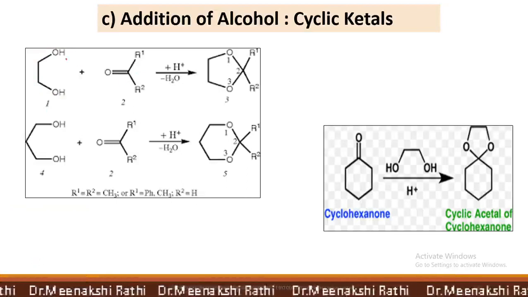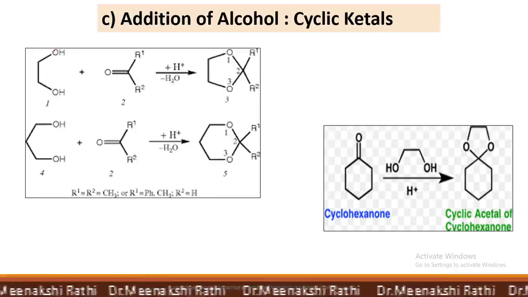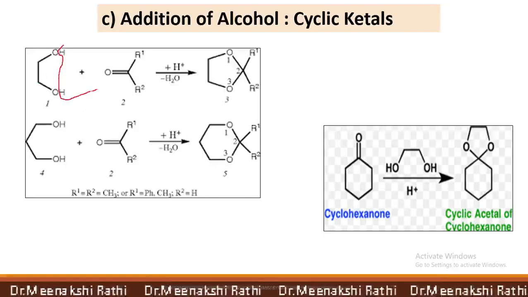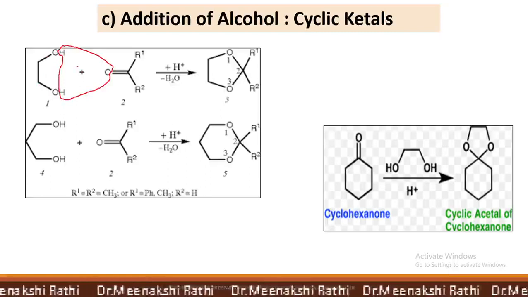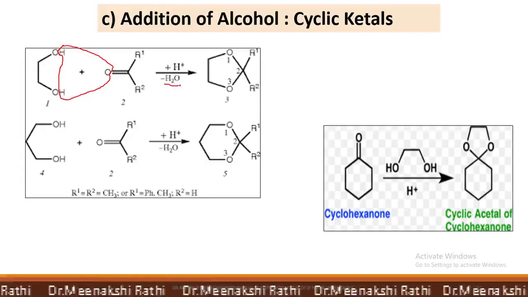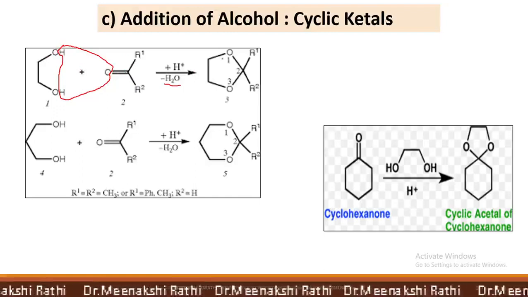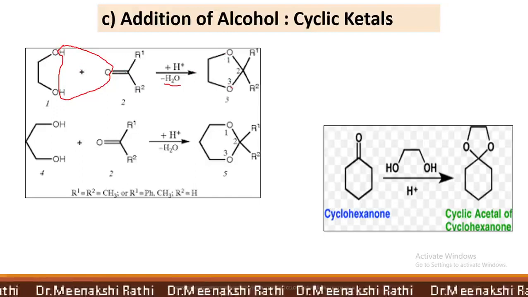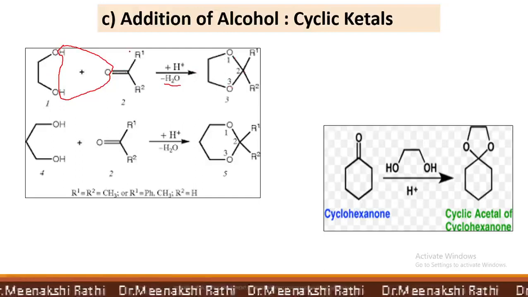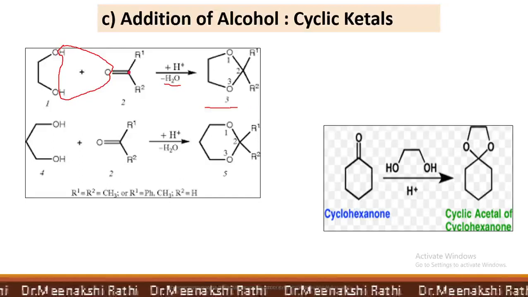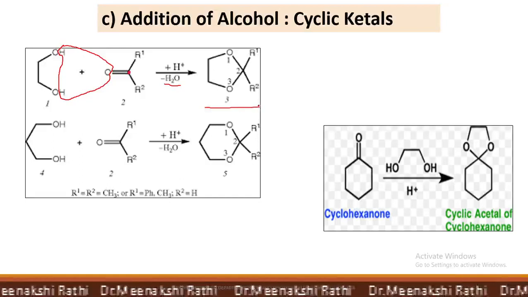See here, this is a 1,2-diol, this H and O is removed as a water molecule and this complete group joins with each other like this, O, and these are attached to this carbon. These are called cyclic ketals.